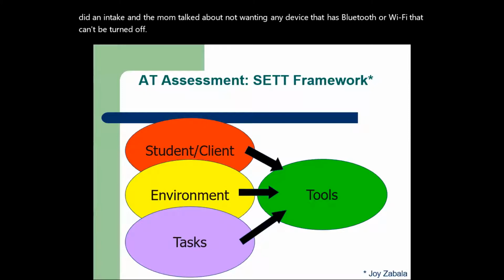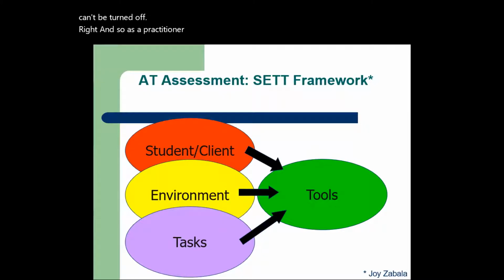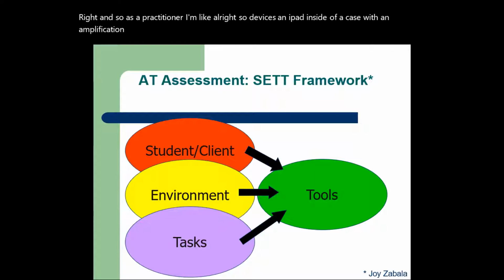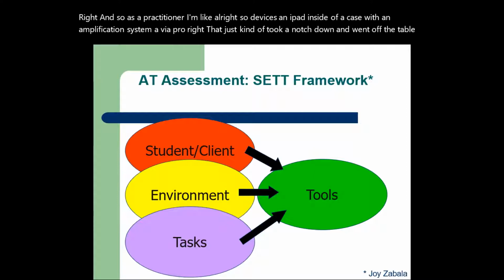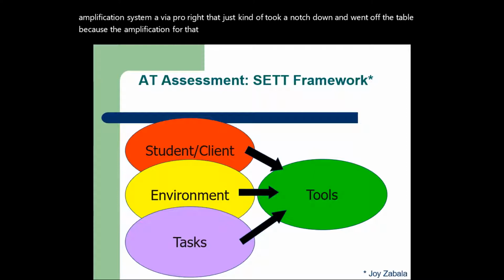And so as a practitioner, I'm like, ooh, all right, so devices like an iPad inside of a case with an amplification system like a Via Pro, right? That just kind of took a notch down and went off the table because the amplification for that communication device is through Bluetooth on a speaker on the back of that case.